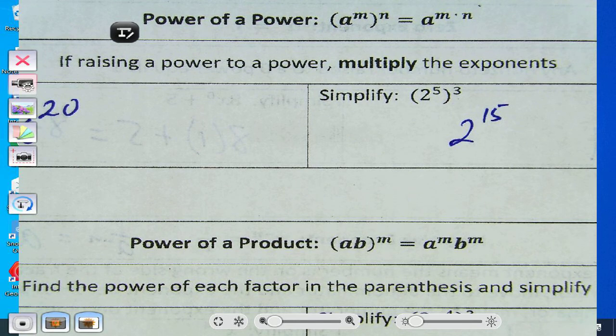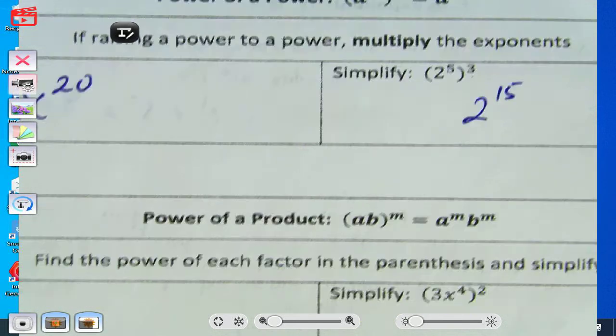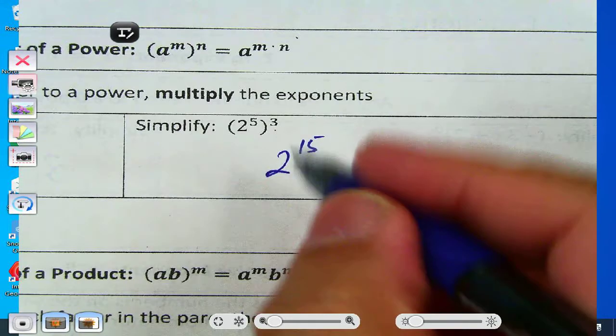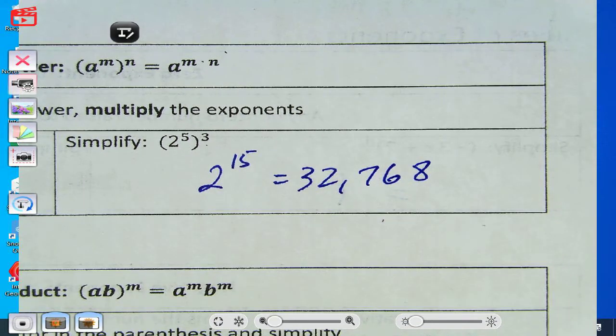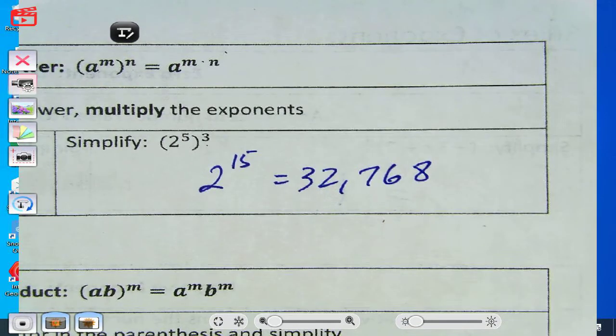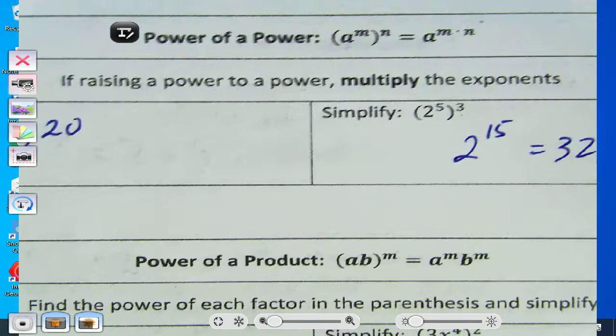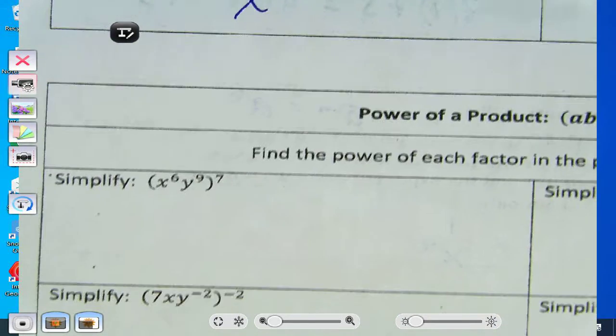That sounds right, because 2 to the 16 is 65,000.